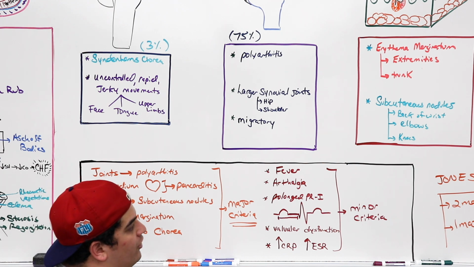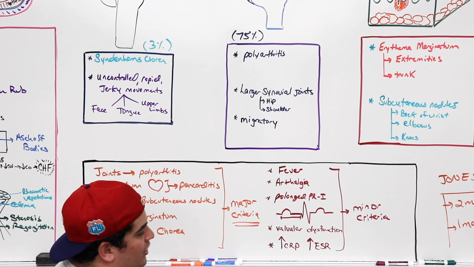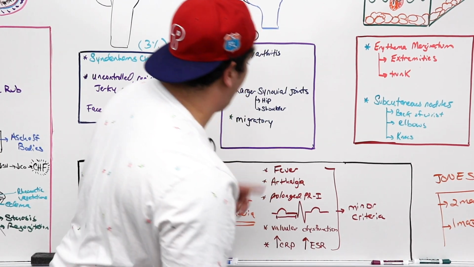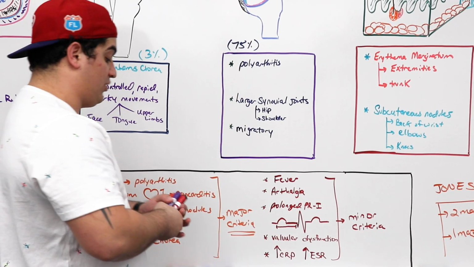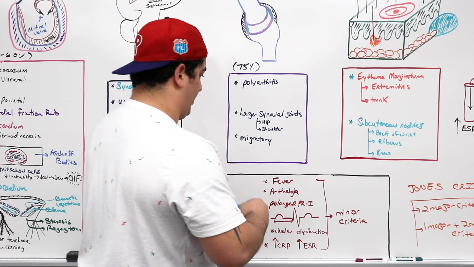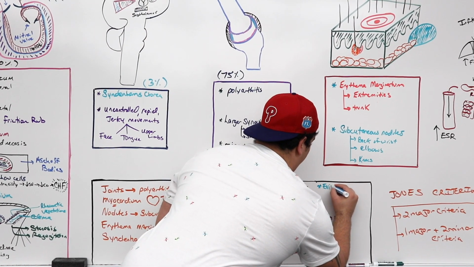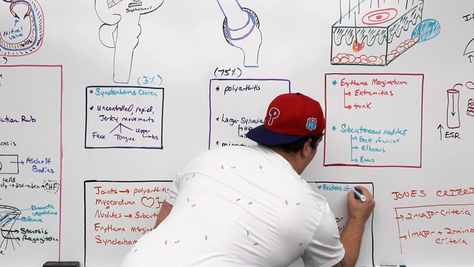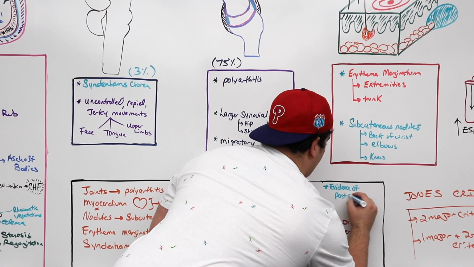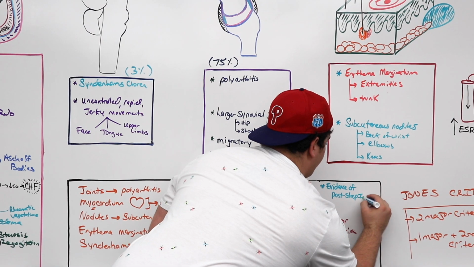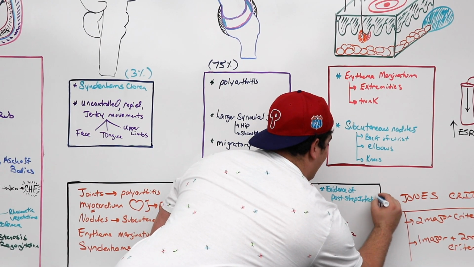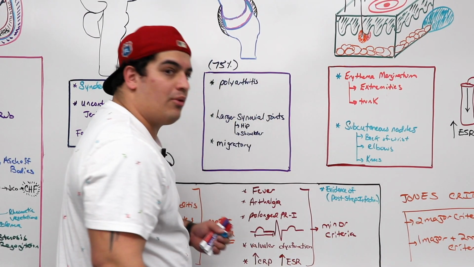Other things that you can do to help with the diagnosis is you can do some tests, because one more thing I forgot, and this is really important, I'm going to put it over here on the side: you have to have evidence of post-strep infection, right? Because we said that this is most commonly due to strep throat.